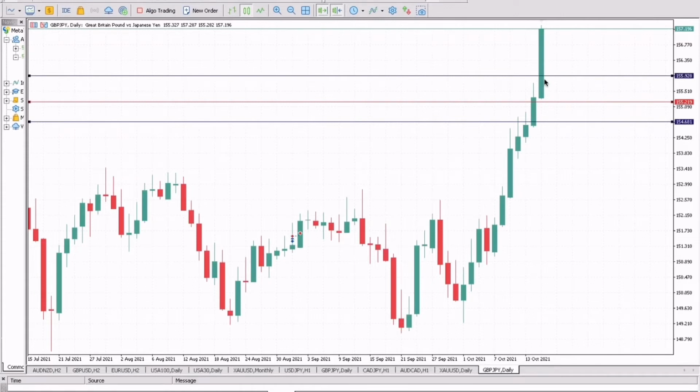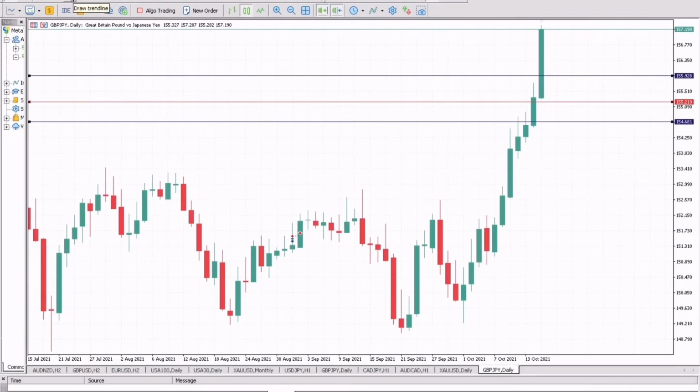So now this is our arrow 1. Let's place our arrow 2 and see where it is. The arrow 2 is 15644. Okay, that's a good point. Now this is our arrow 2.